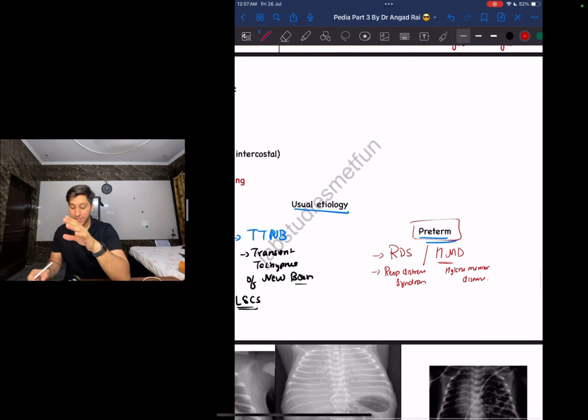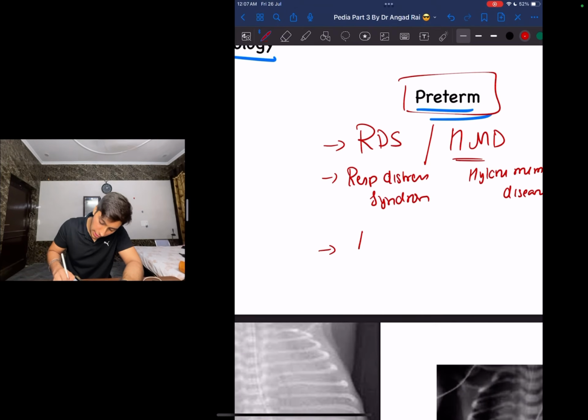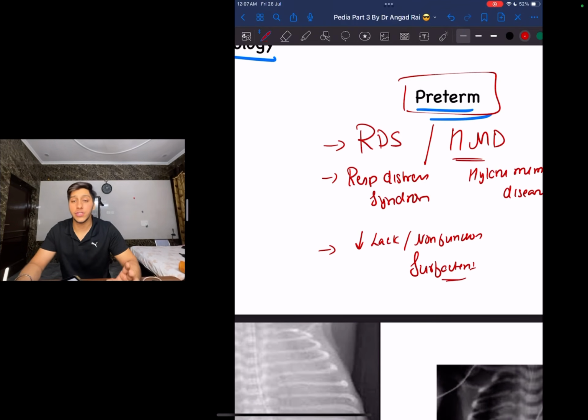So respiratory distress syndrome or hyaline membrane disease, why does this happen? It is because of a lack or non-functional surfactant.